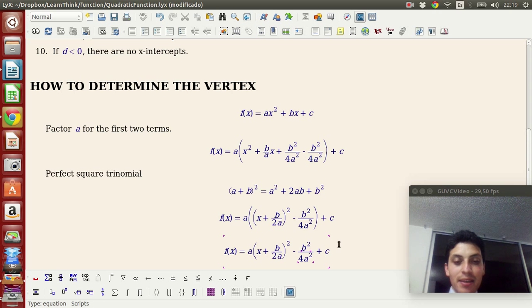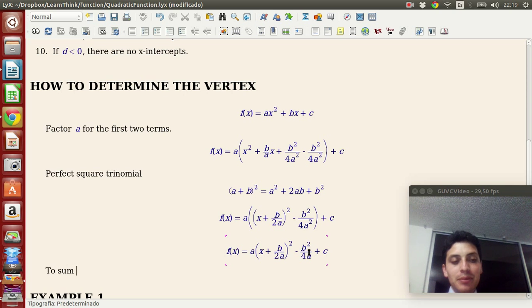I can multiply a here, but there's an a in the denominator, so we can simplify, and this is the form a times x plus something to the second power, minus b squared divided by 4a, plus c. Now, as you can notice, we just got the vertex. This will be h, or in fact this is minus h, as we could see using the functions, and this will be the point that you're using as the vertex point.